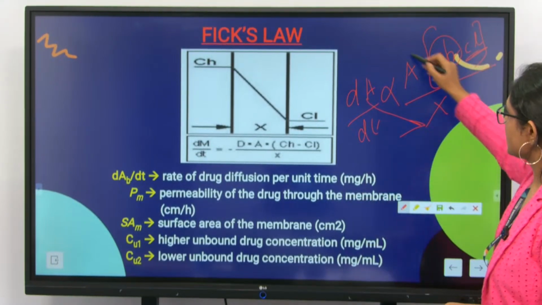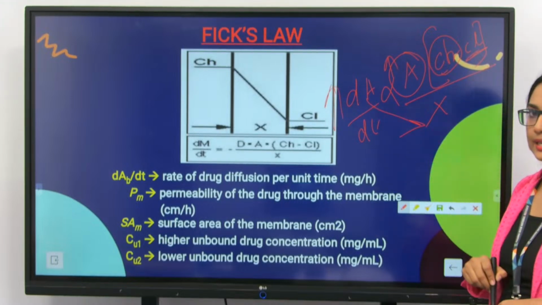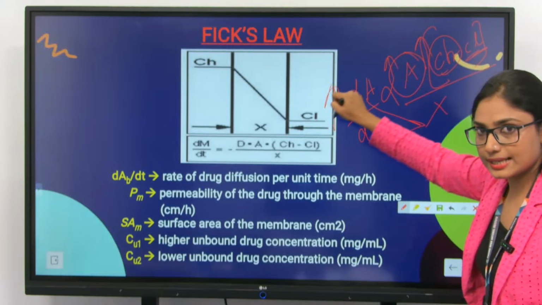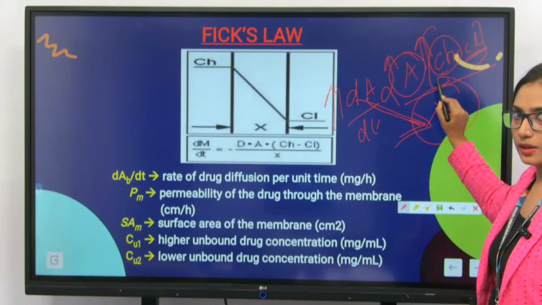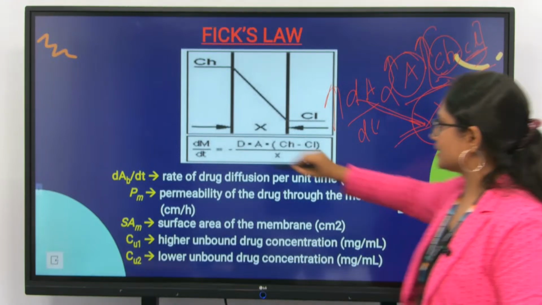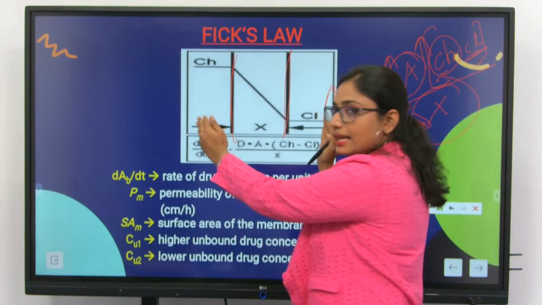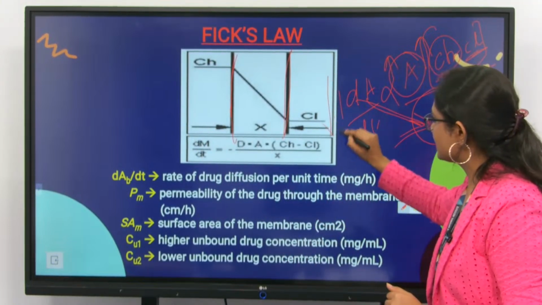So when surface area is increased, the rate of diffusion also increases. When the concentration difference is more, the diffusion rate increases. It is inversely proportional to the thickness. Suppose this is the cell layer: when the thickness of the layer increases, the diffusion rate decreases.